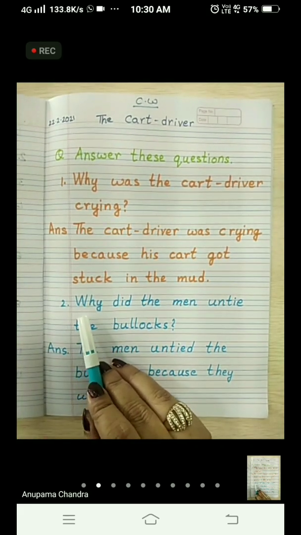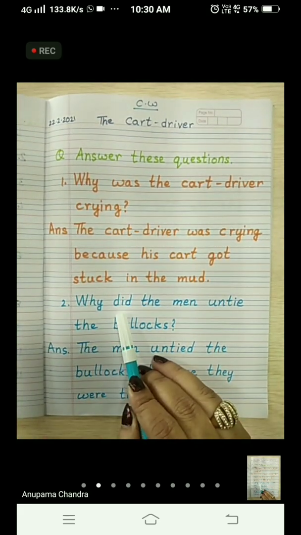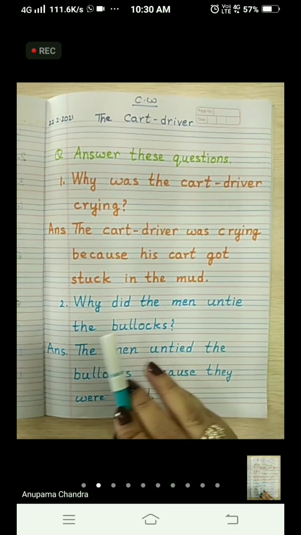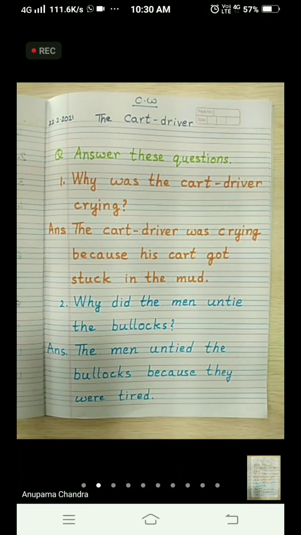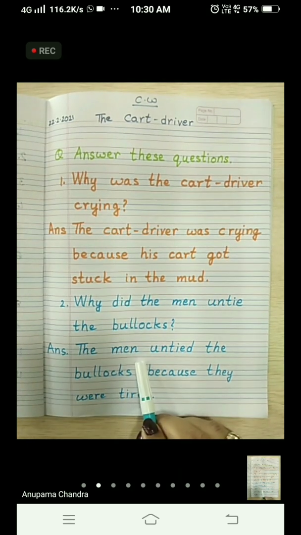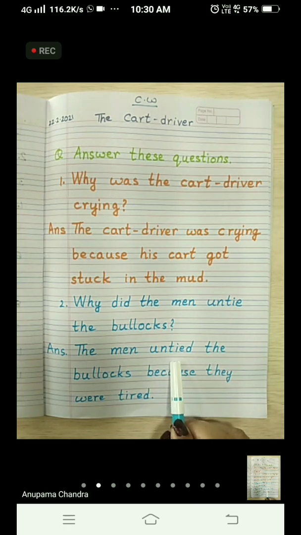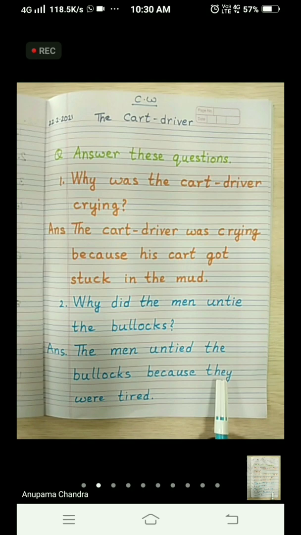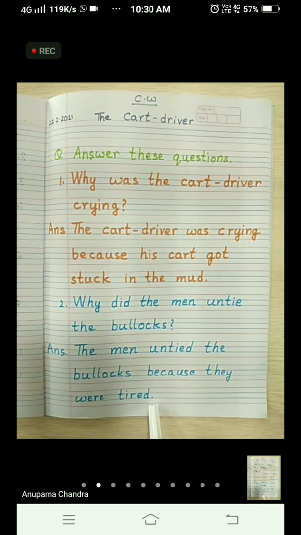Question number 2. Why did the men untie the bullocks? The men untied the bullocks because they were tired.